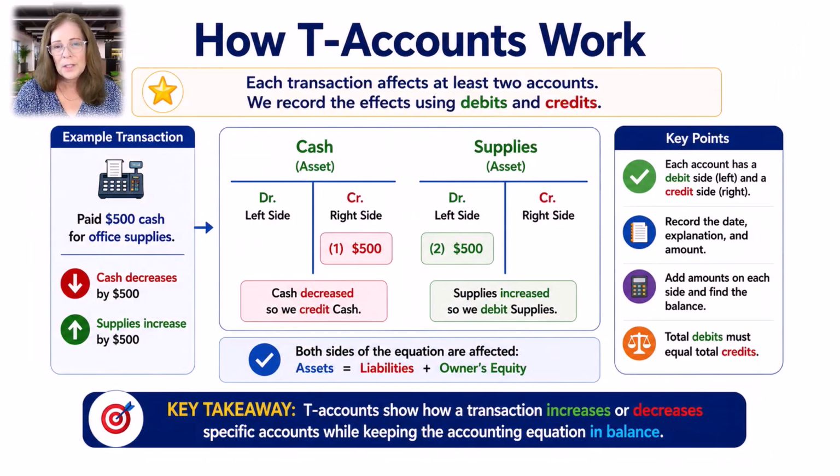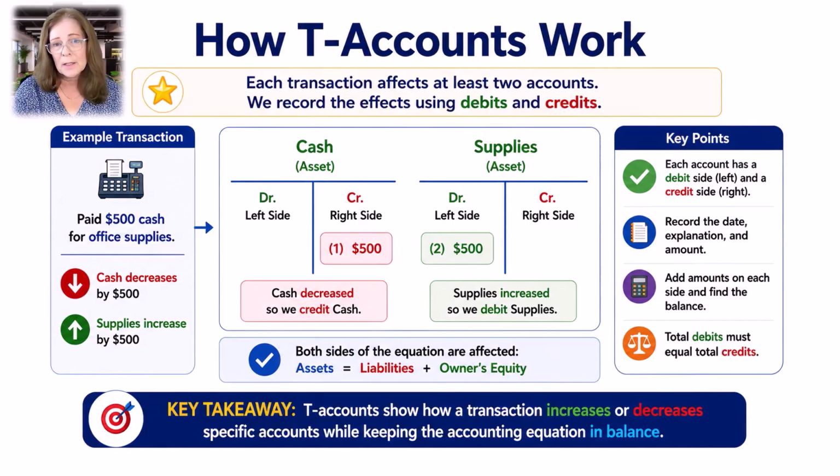Let's see how T accounts actually work, but this is important. Every transaction affects at least two accounts. Take this transaction for example, the business pays $500 cash to purchase office supplies. Let's think about what happened. First, the business now has more office supplies than before.